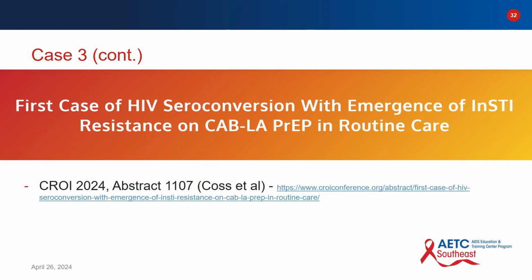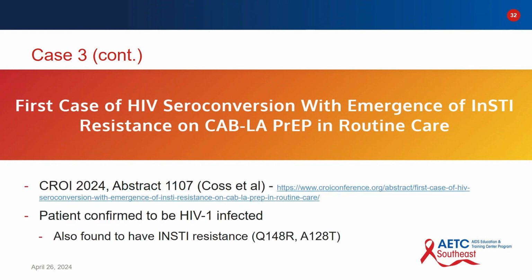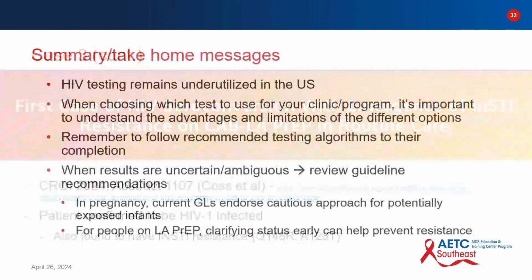It was presented again at Denver this year, and this person was confirmed to be HIV-1 infected and was also found, unfortunately, to have INSTI resistance, meaning that, and importantly, had the 148, which Monica has already mentioned, rules out dolutegravir as a viable option for treatment in this person, unfortunately.